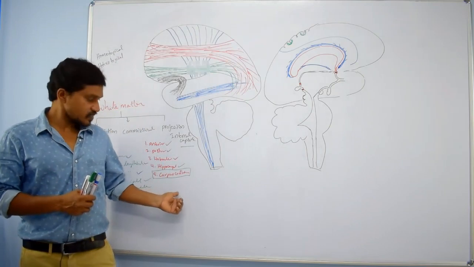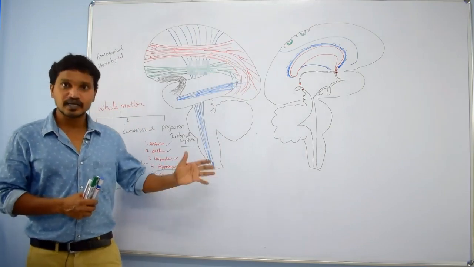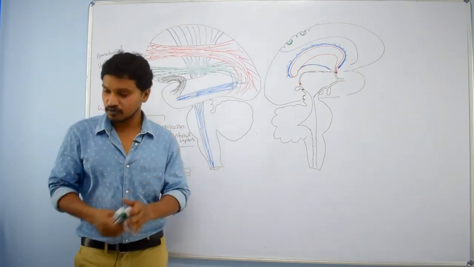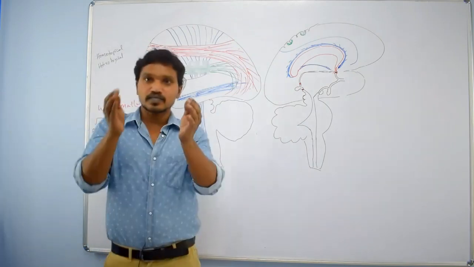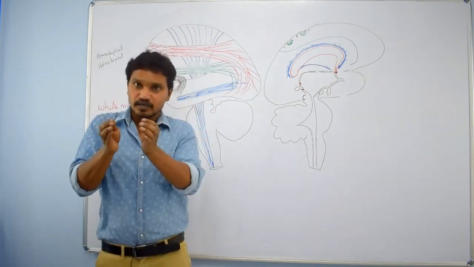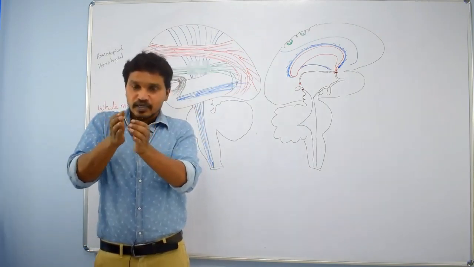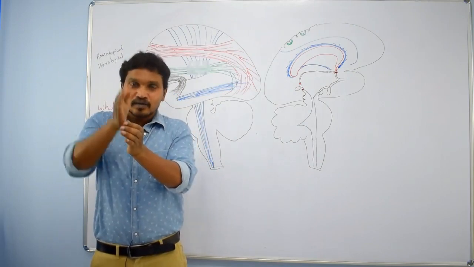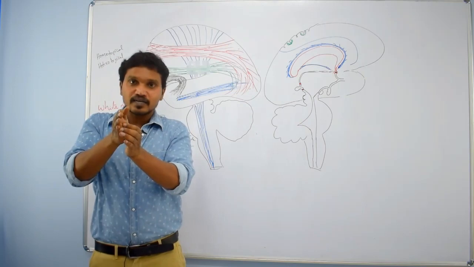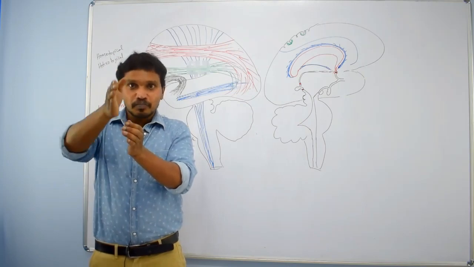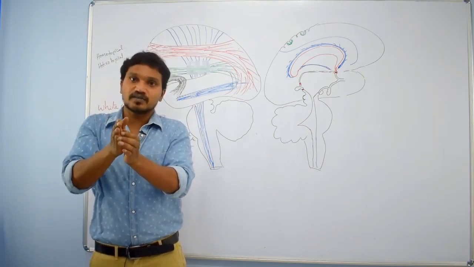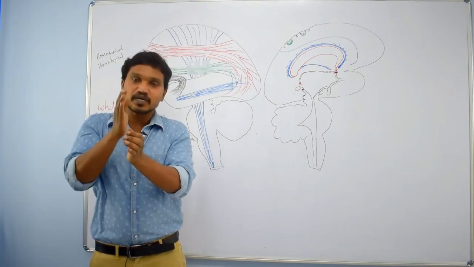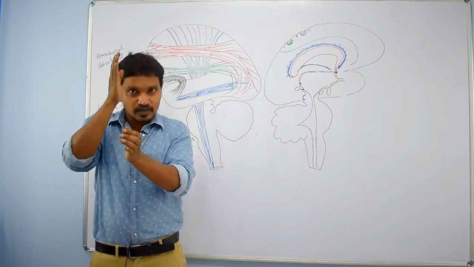Then this corpus callosum connects the two cerebral hemispheres that we have seen. Imagine this is one cerebral hemisphere and this is another cerebral hemisphere, separated by one fissure in the center. What is that? Median sagittal fissure or median cerebral fissure, but it will not separate them totally.